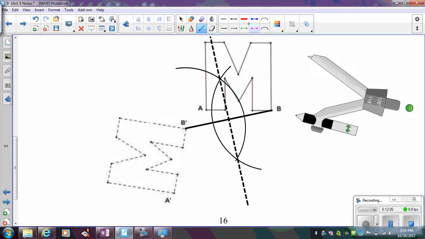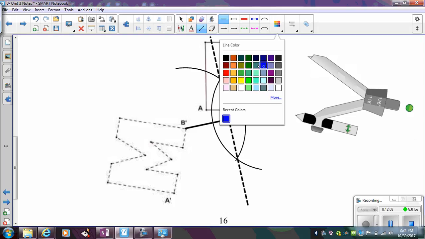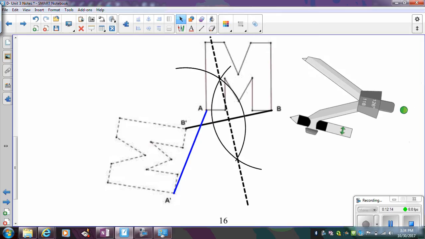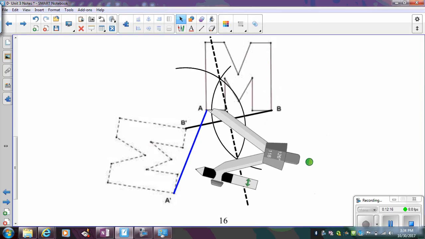Now if I repeat this for A and A prime, and remember this is a rotation that occurred between these, not a reflection. So A and B prime, that would be if you were reflecting, those would actually be the points that match, but in this case we're turning, so that's why A ends up over here with A prime.